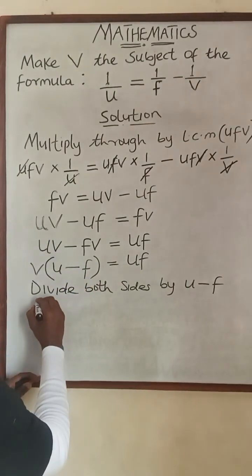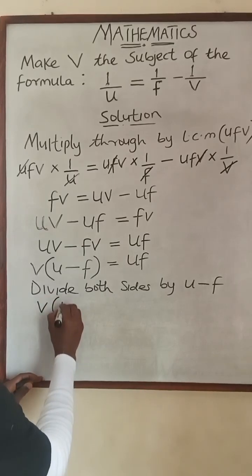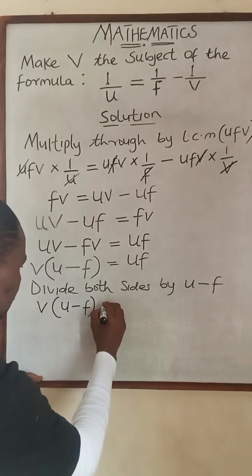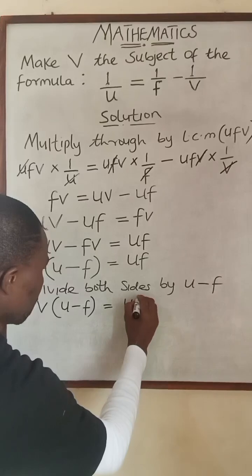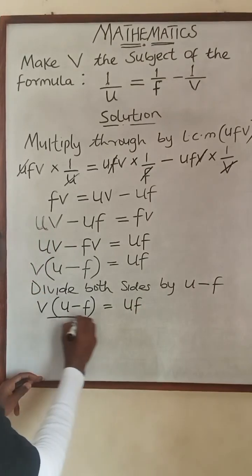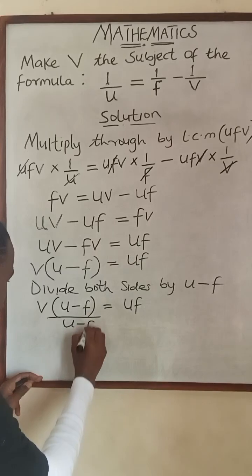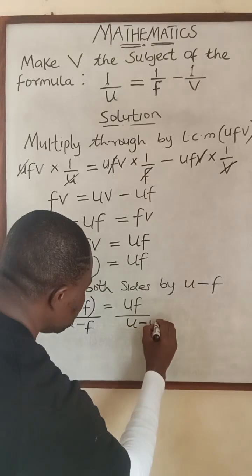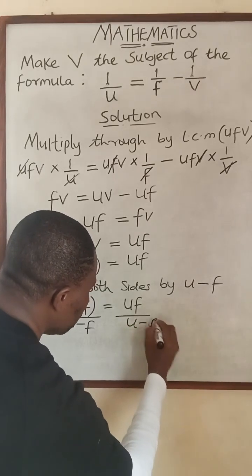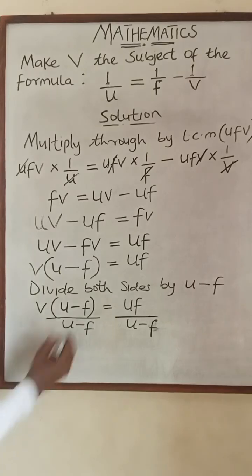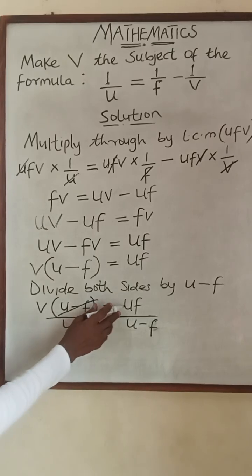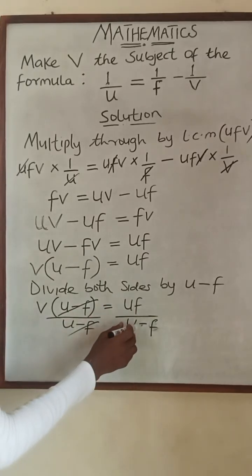So now we have V into brackets U minus F, close the brackets, equals UF. Now we divide both sides by U minus F. We come over here, we say U minus F. U minus F. Now, this can cancel out this. So we are left with V equals UF divided by U minus F.